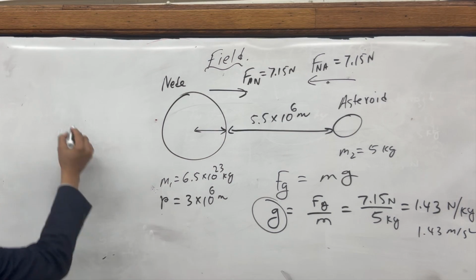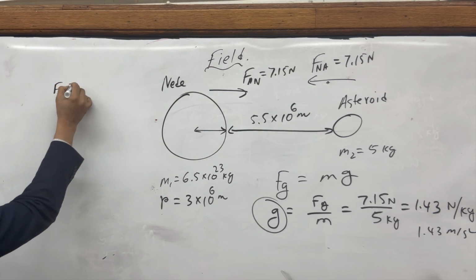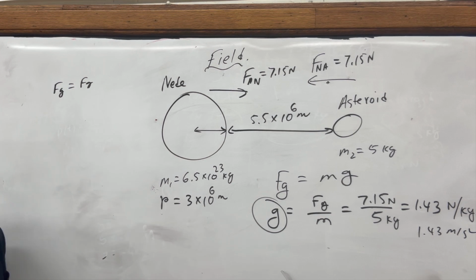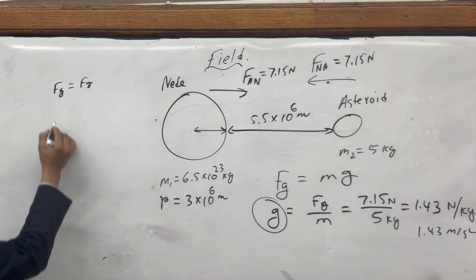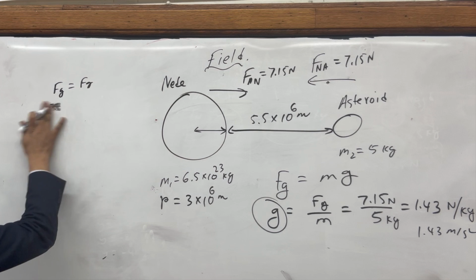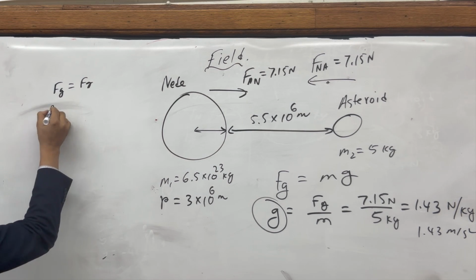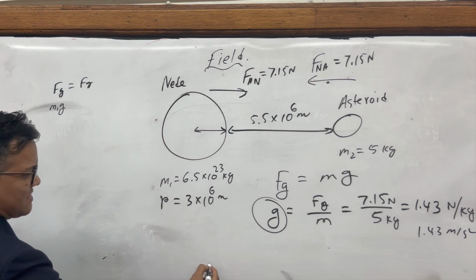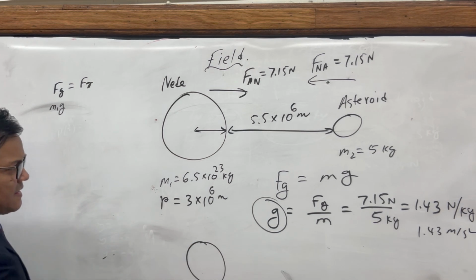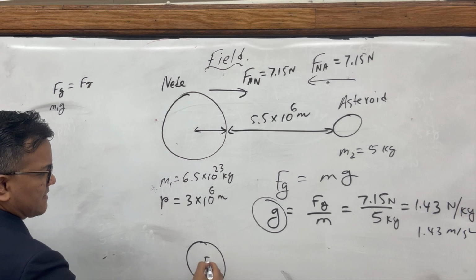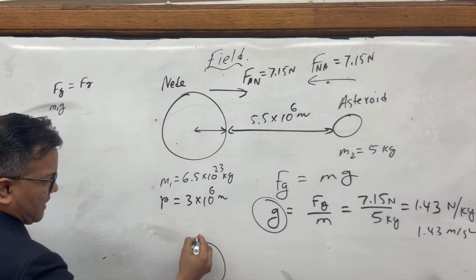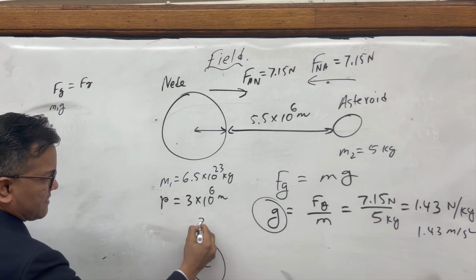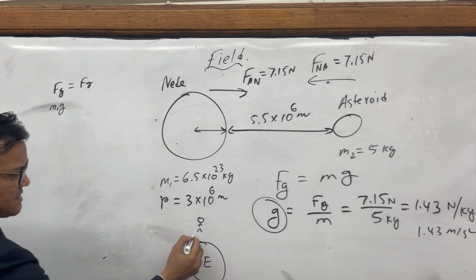Now do everything here. So Fg is equal to Fg, right? We can definitely write that. Fg is equal to m1 g, because the small mass doesn't matter. You can think of this as planet Earth, and a 5 kilogram thing, and this is the distance away.